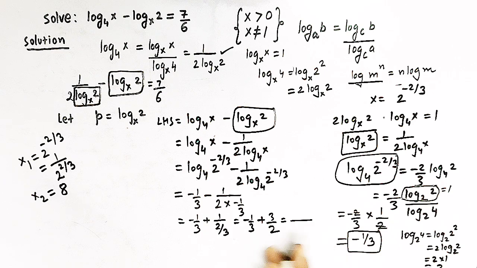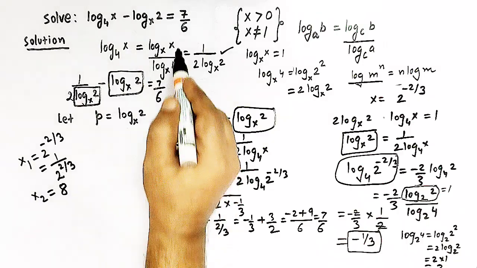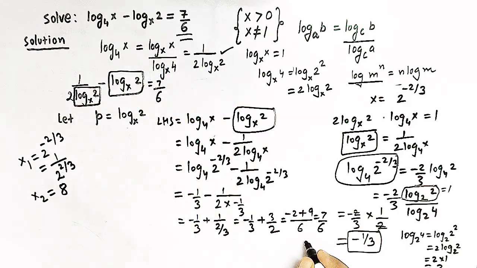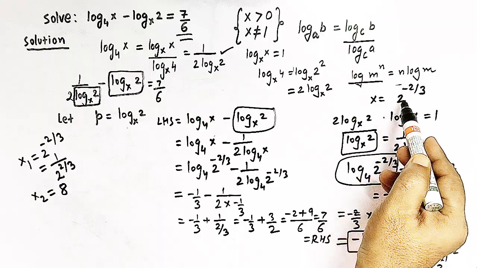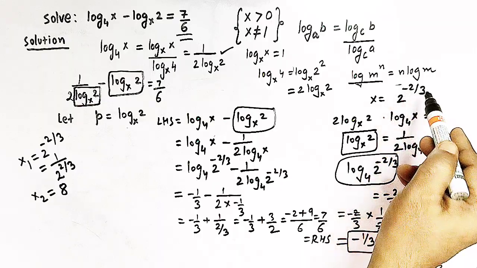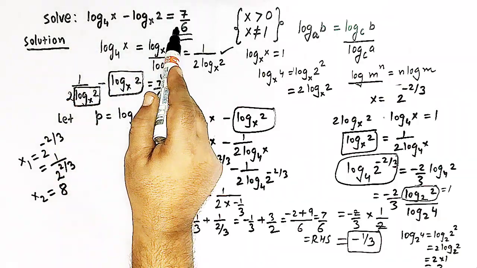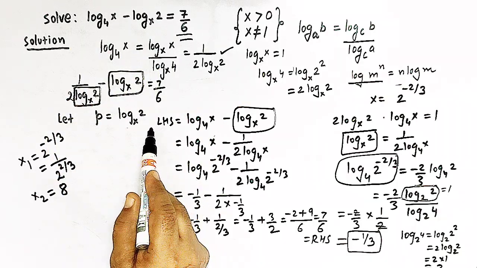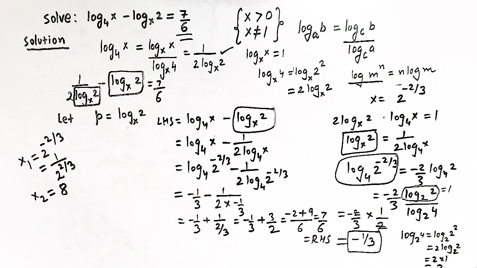Now we can simplify this term. So we have the LCM 6. Then we have minus 2 plus 3 times 3 is 9. So this is 9 minus 2 is 7, 7 over 6. And here we have the right hand side. So this value of x, that is 2 raised to minus 2 over 3, is a solution of this equation because the left hand side is equal to the right hand side.